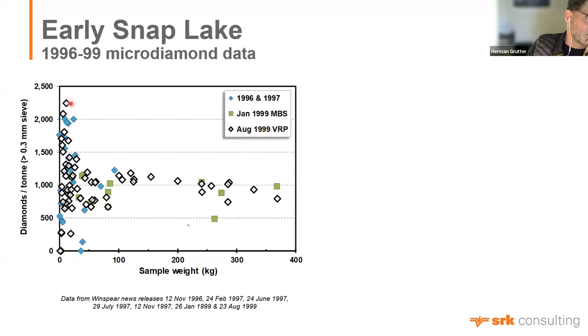And they had very small intersections in the Snap Lake sheet, which provided small sample sizes, but the Snap Lake sheet varies in thickness, and they had other microdiamonds that came from thicker portions of the Snap Lake data set. So in 99, they produced a publicly disclosed data set that goes from very small sample sizes to very large sample sizes, which overlays on their previous data sets as shown on this graph. A very, very interesting graph to look at from this perspective.